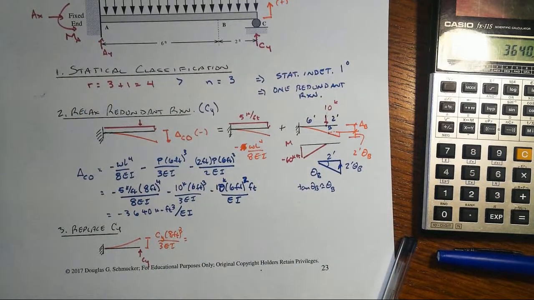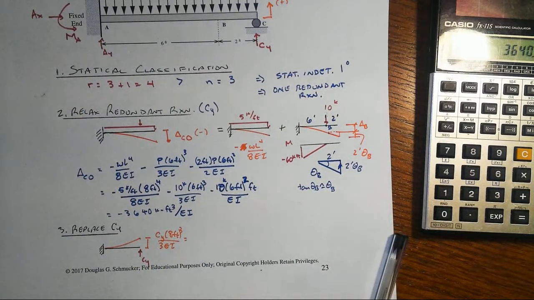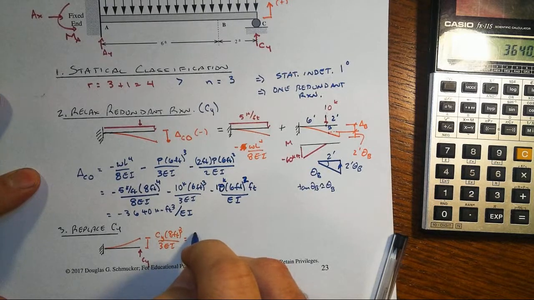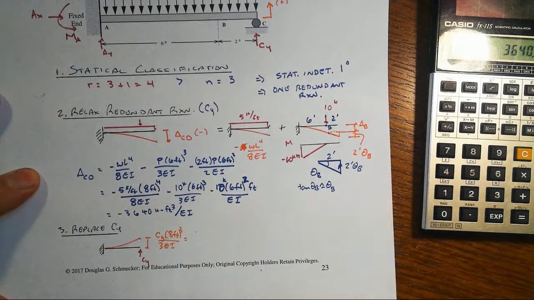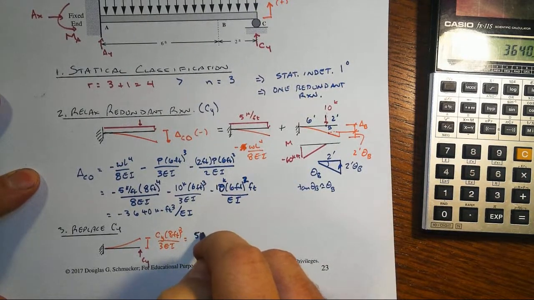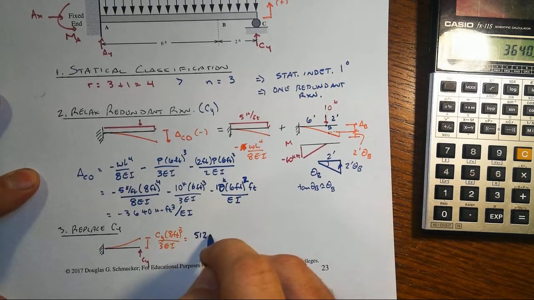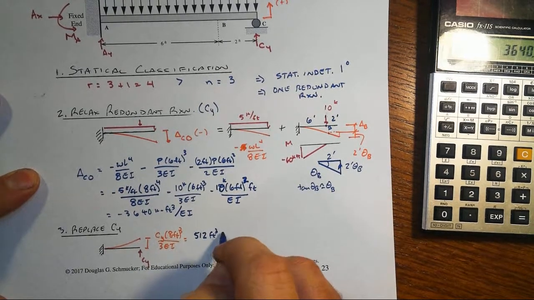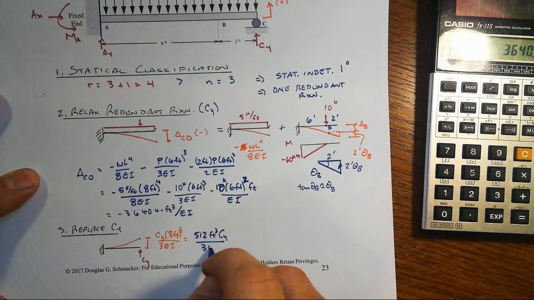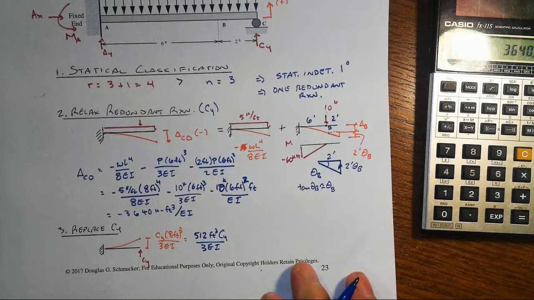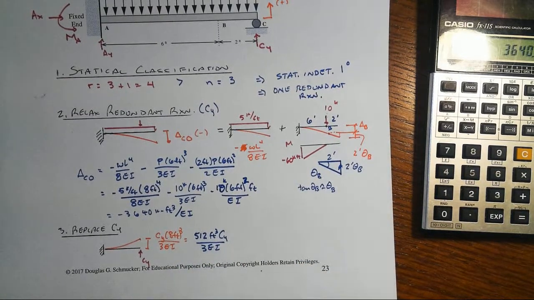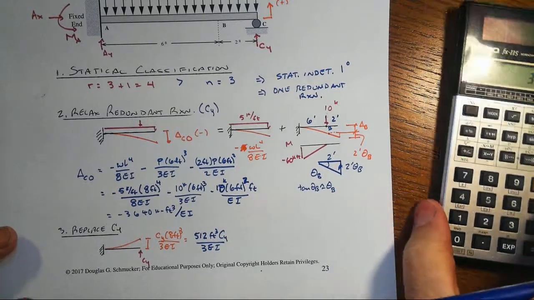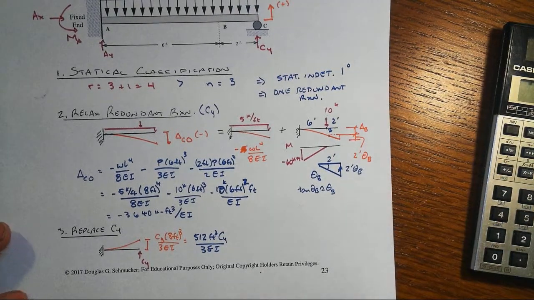That is equal to, let's see, 8 cubed is 512 feet cubed times CY over 3EI. 512 over 3 is not at all convenient, so I'm just going to leave it as a nice fraction there. Alright, now we've got to go and get then the final little piece.